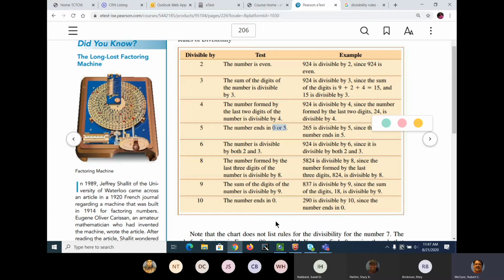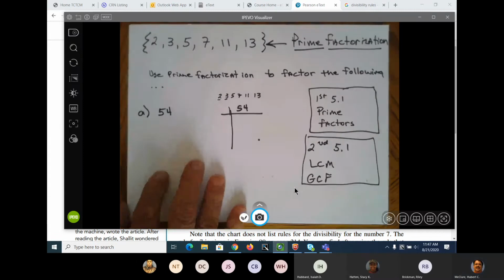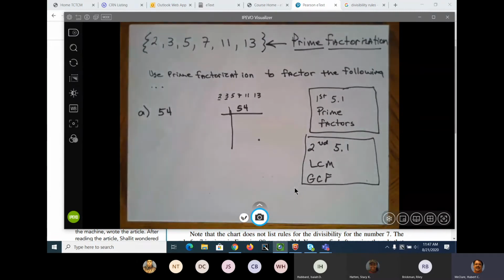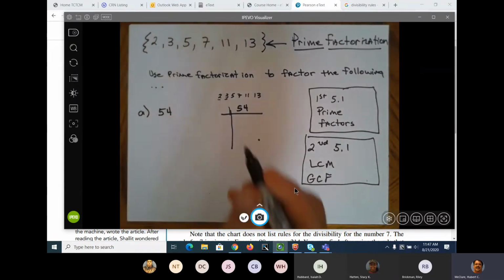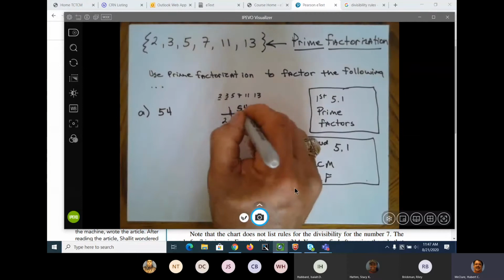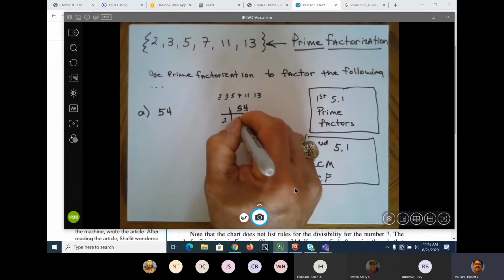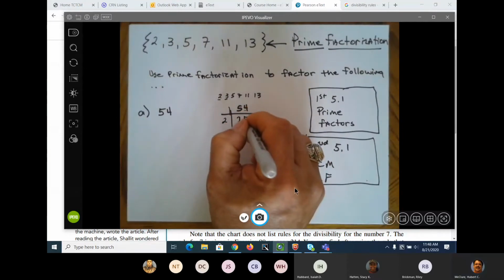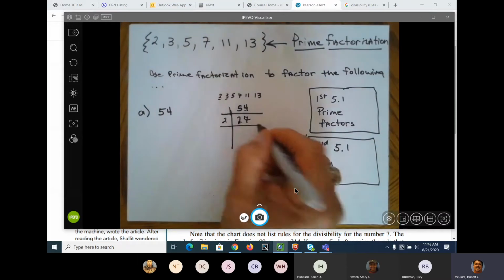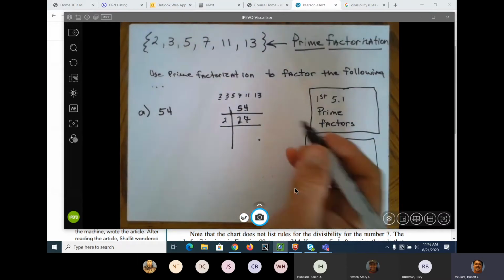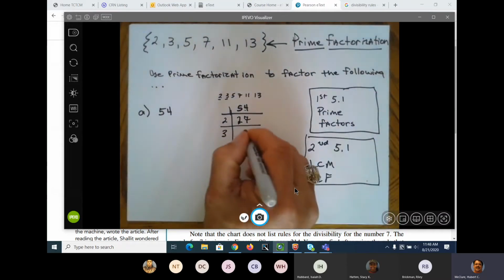No, we go back to 2 and 3. Go back to 2 and 3. It doesn't matter which one you choose. I'm going to use 2 because I always use 2. So I'm going to divide 2 into 54, that'd be 27 times. And then what will go into 27? 3. 3 times 9.